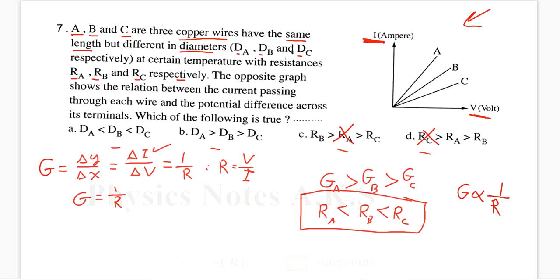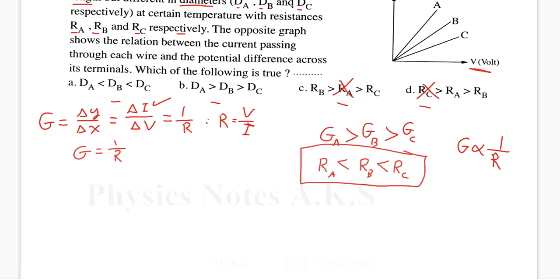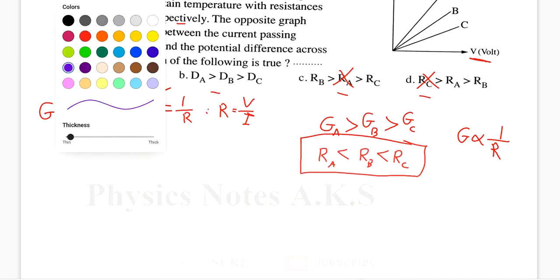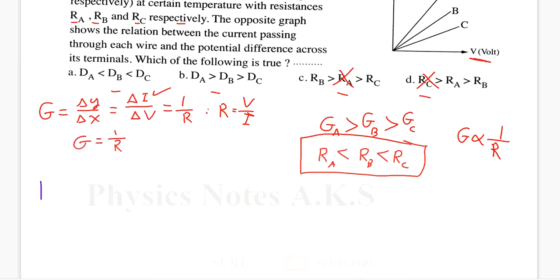Okay, so let's study the relation between diameters. Let me remind you guys of the formula of resistance. Resistance equals resistivity multiplied by length over area. So notice here that resistance and area are inversely proportional, because the area is down here in the denominator.